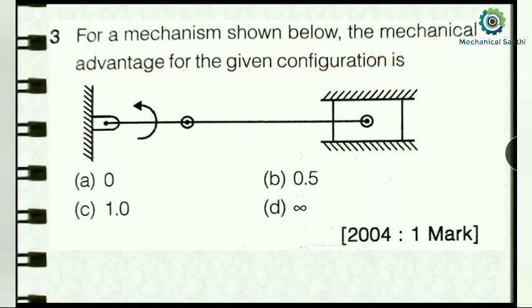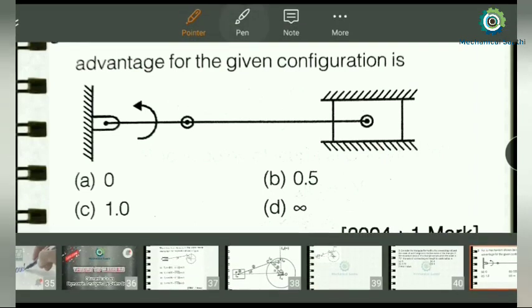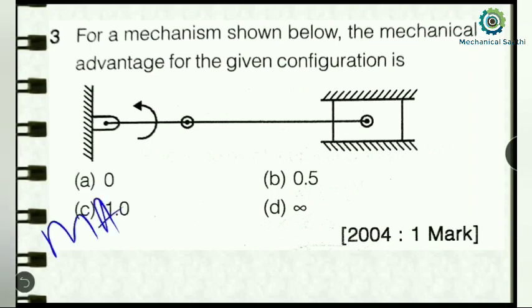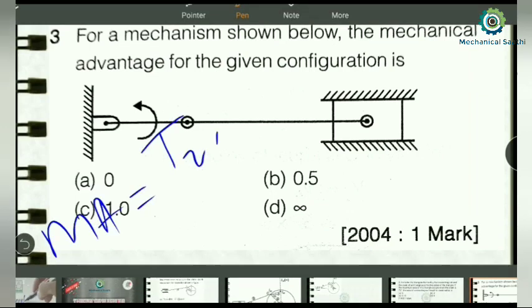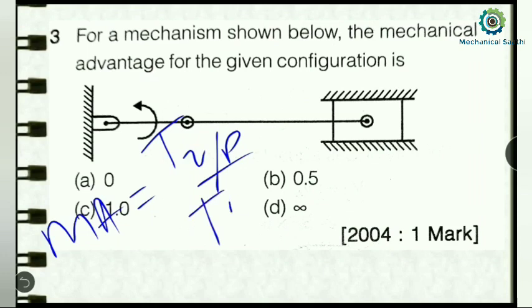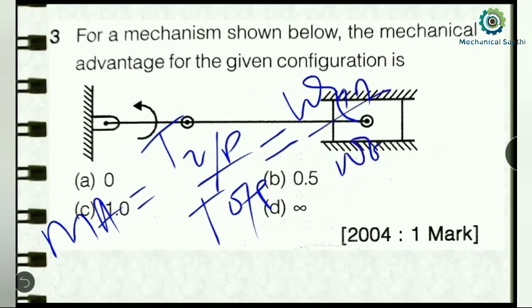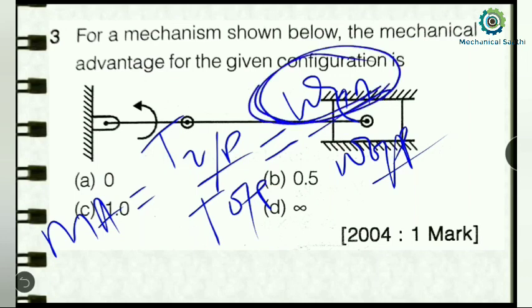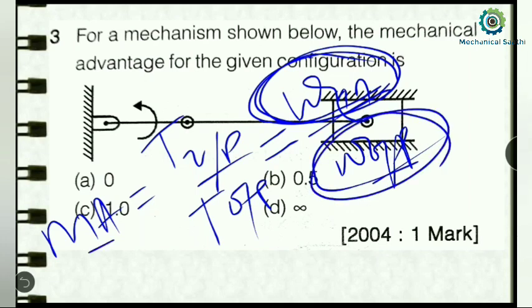Mechanical advantage will be equal to torque input divided by torque output, and that will be equal to omega input divided by omega output. So the ratio of the angular speeds, the given one and the one we will obtain, will be your mechanical advantage.